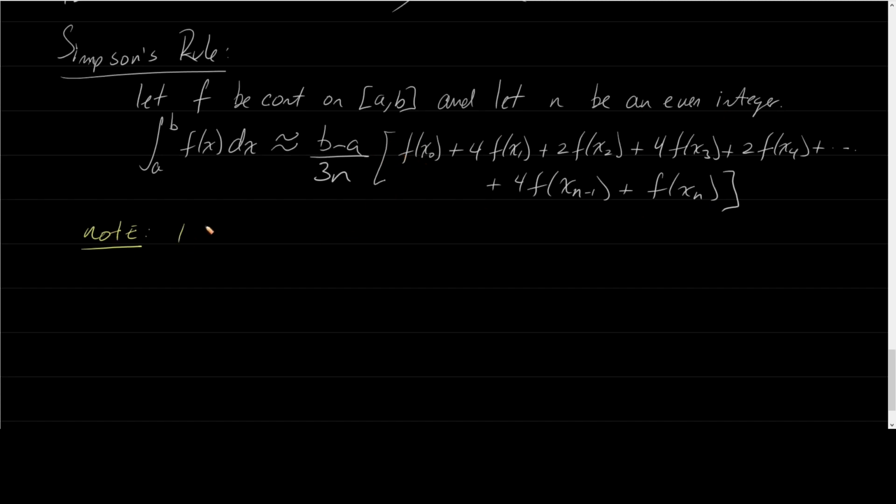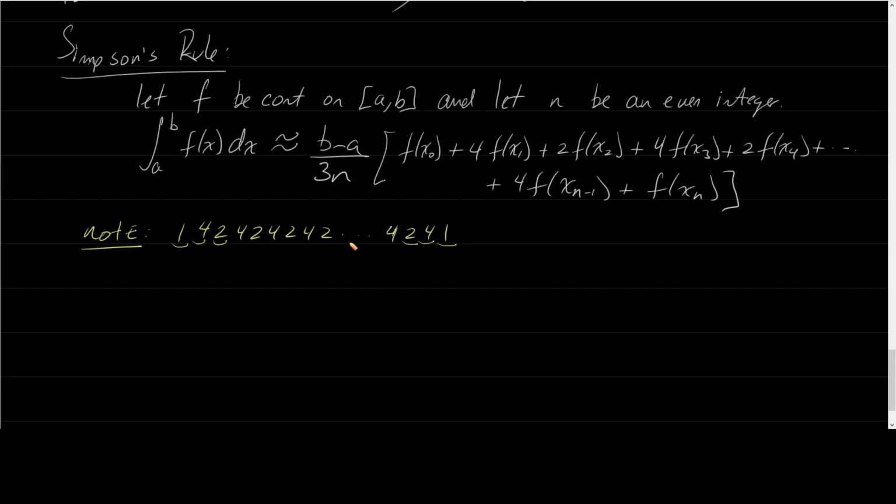But now, everything in the middle is alternating with 4s and 2s until we get to the second to last one being a 4, and then the last one is a 1. So the first one's a 1, the last one's a 1, the second one's a 4, the second to last one's a 4, the third one's a 2, the third to last is a 2, and so on and so forth.